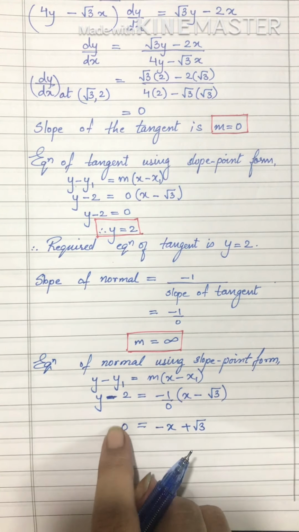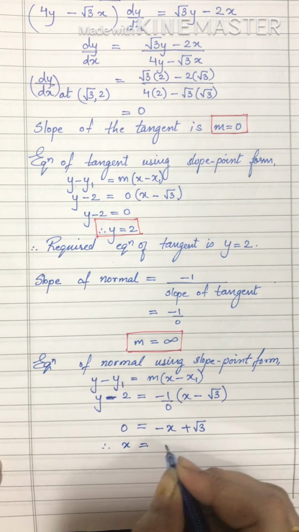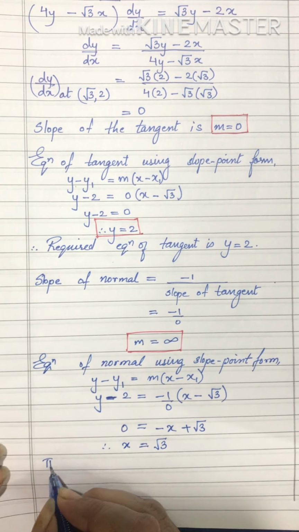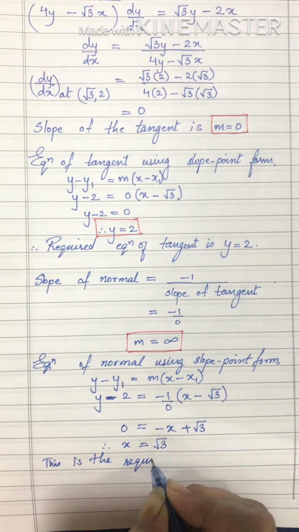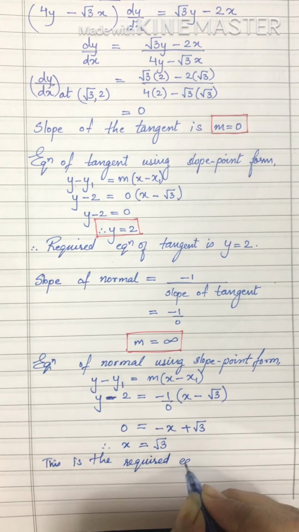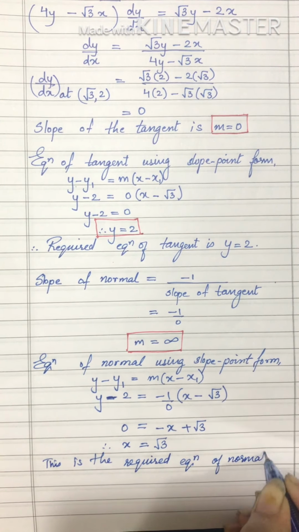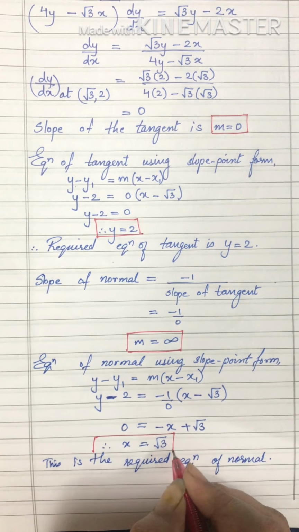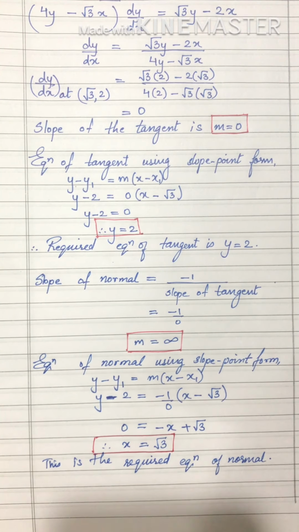We will get this x to LHS, minus x to LHS, we get x is equal to root 3. Okay, so this is the required equation of normal. Okay, see, all the sums are same. All the sums we're going to use same equation of line slope point form. So it's very easy. Just keep practicing.